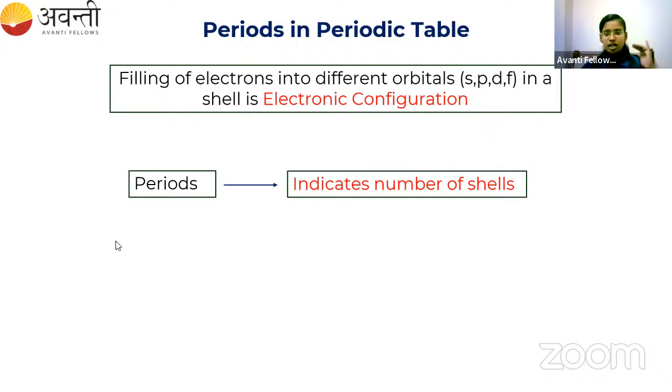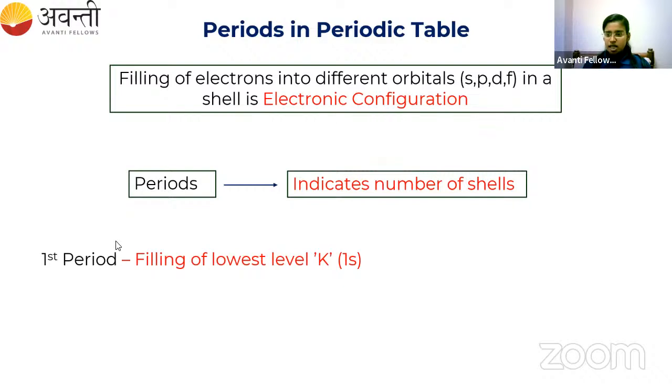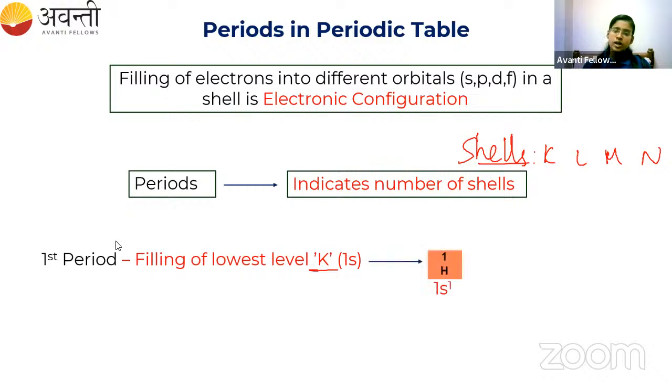So now let's study each and every period. Let me start with the first period. The first period means the filling of the lowest level shell, which is called the K shell. K, L, M, N, these are the shells. And 1s, 2s are the orbitals or the subshells. If the shell is K, then that shell has only the 1s orbital, and in this 1s orbital, 2 electrons can be accommodated.